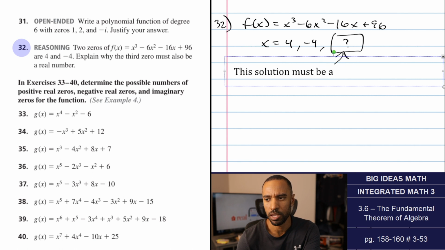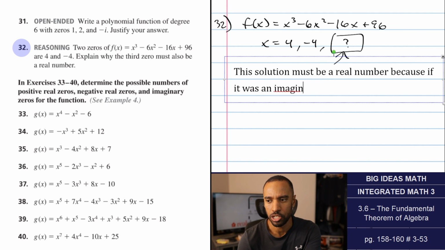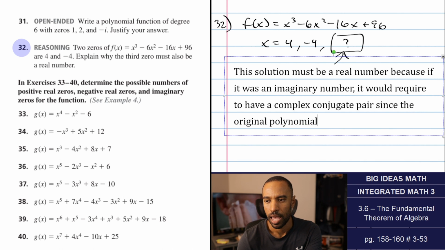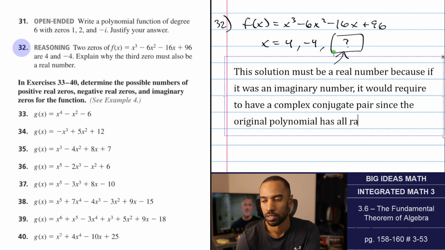This solution must be a real number because if it was an imaginary number, it would require a complex conjugate pair since the original polynomial has all rational coefficients.